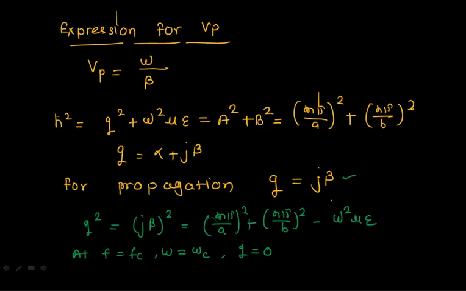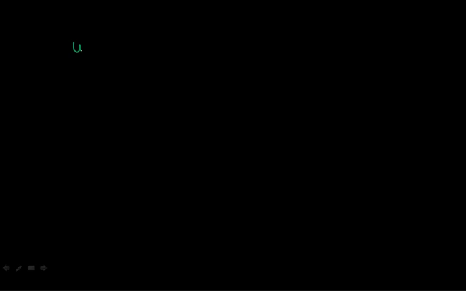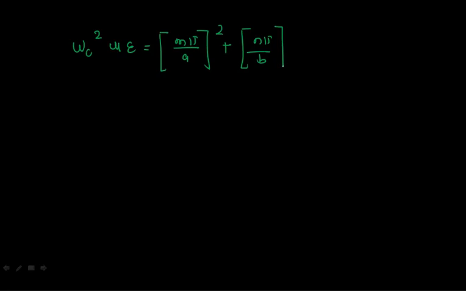So whenever this comes to this side, my omega square mu epsilon will become the cutoff frequency term at that time. So I can write this equation in such a way that omega c square mu epsilon is equal to (m pi by a) square plus (n pi by b) square. So I have this at a cutoff frequency, but here you know that gamma square is equal to (j beta) square.